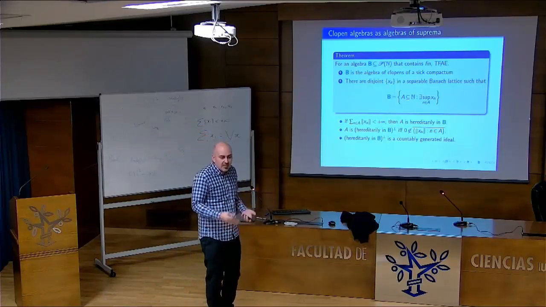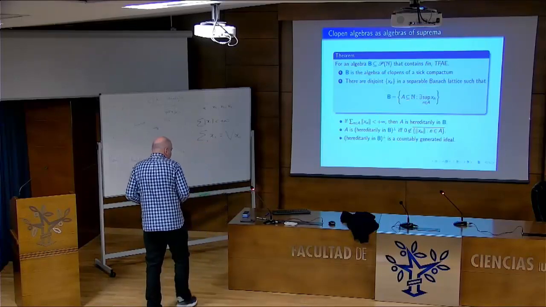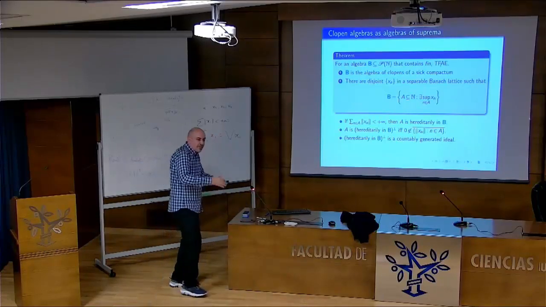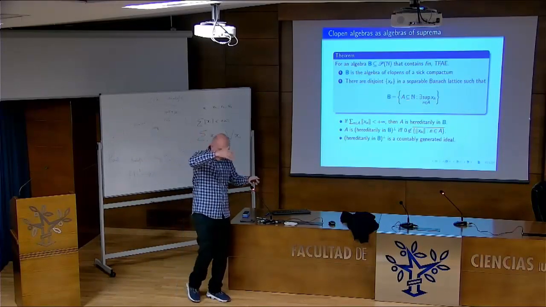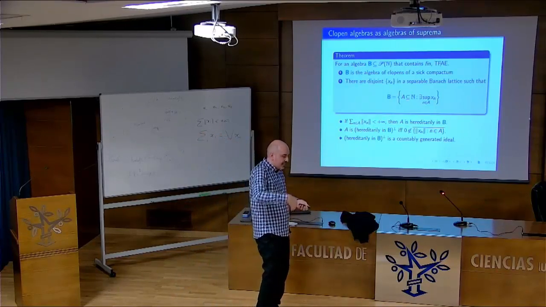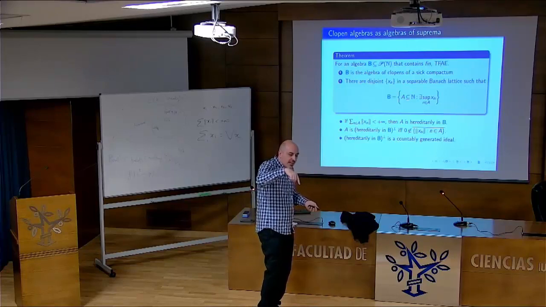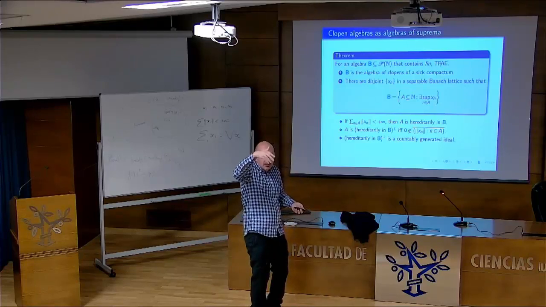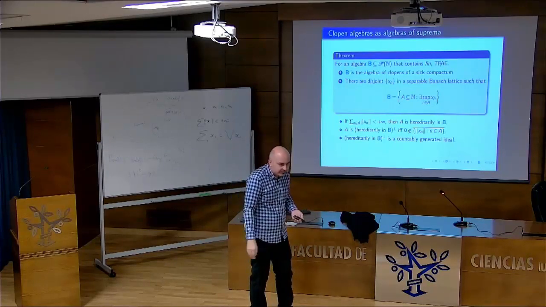Whatever this countably generated ideal of subsets of omega just means is that there are countably many sets such that I can describe that family as the sets that are contained in some element of a sequence of sets.